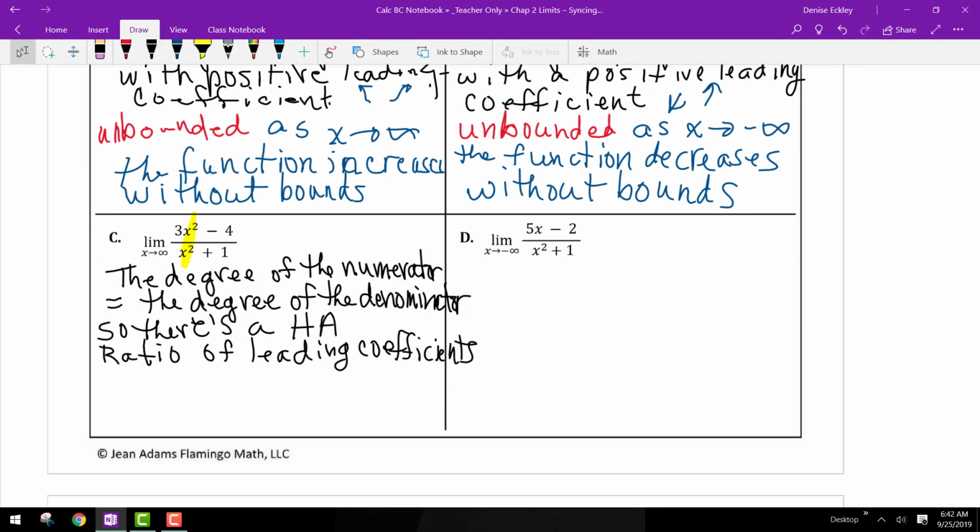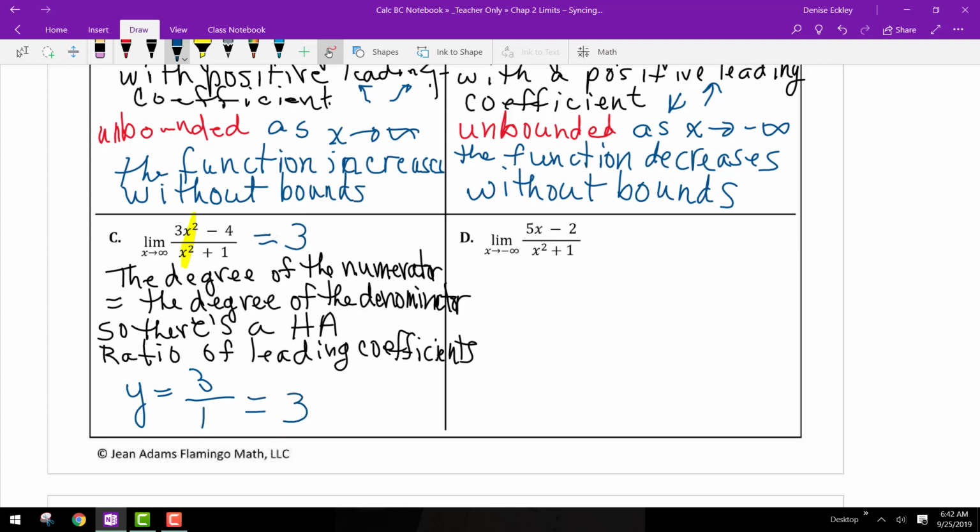In this case, it's going to be y equals the 3 of the x squared in the numerator over the 1 in the denominator. So we get a limit of 3.